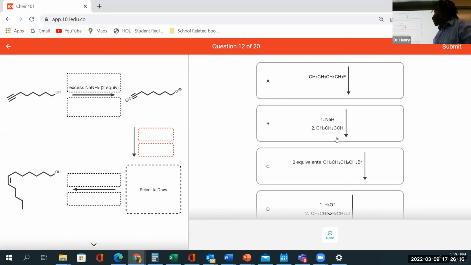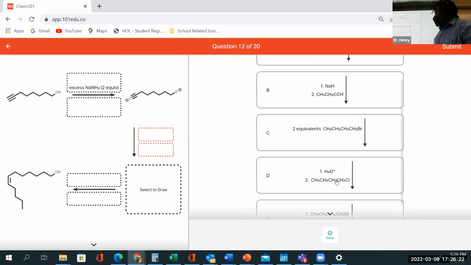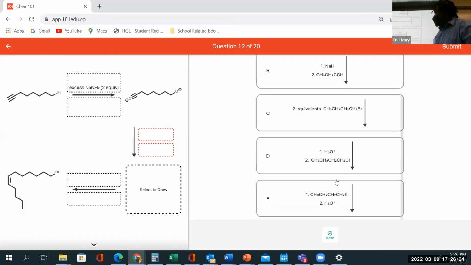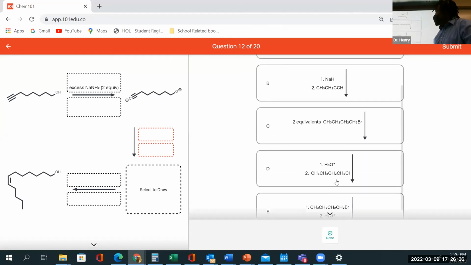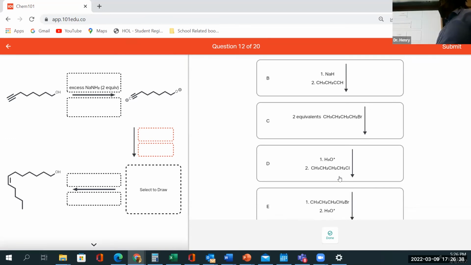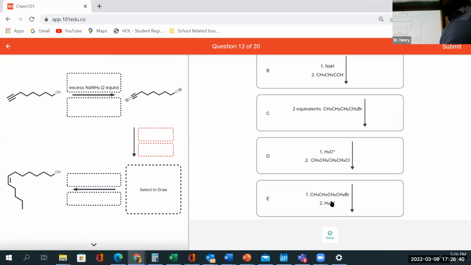This guy's a double bond. 1, 2, 3, 4. They all have 4. Okay. So an alkane halide. You're saying D or E?